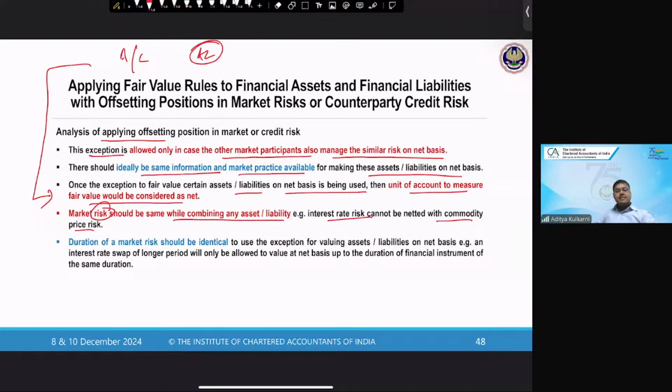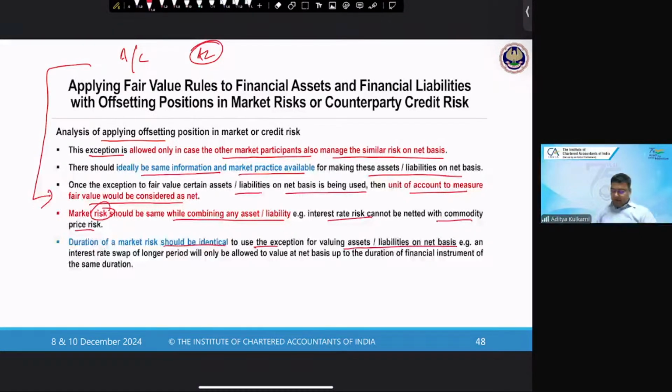Okay, that is exchange rate risk. But there could be certain cases where you will be tempted to do an interest rate risk settlement with a currency settlement. That is not possible. The nature of risks that you want to knock off should be the same. Duration of a market risk should be identical to use the exception for valuing assets or liabilities on net basis.